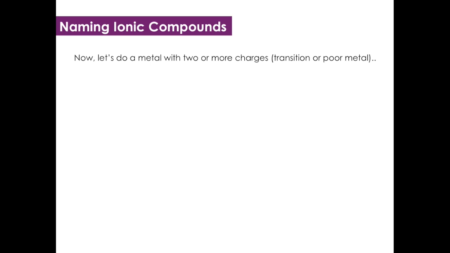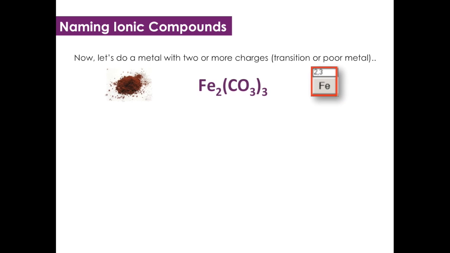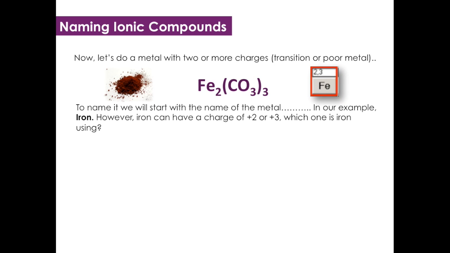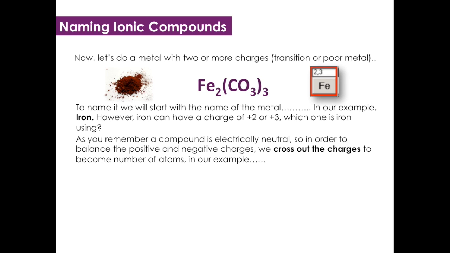Now let's do a metal with 2 or more charges, transition or pure metal. To name it, we will start with the name of the metal. In our example, Fe is iron. However, iron can have a charge of +2 or +3. Which one is iron using in this compound? As you remember, a compound is electrically neutral. So in order to balance the positive and negative charges, we cross out the charges to become number of atoms.